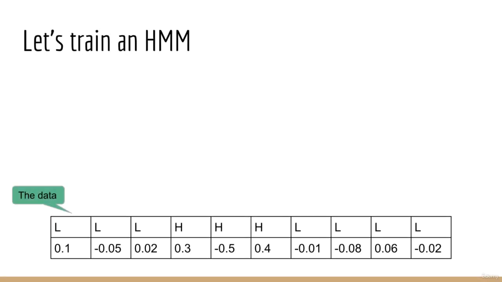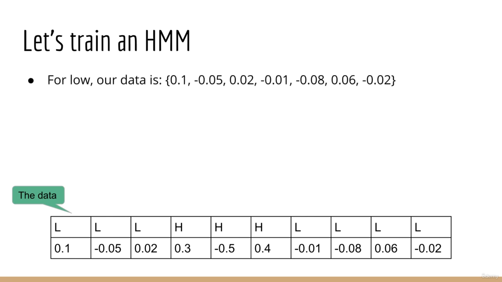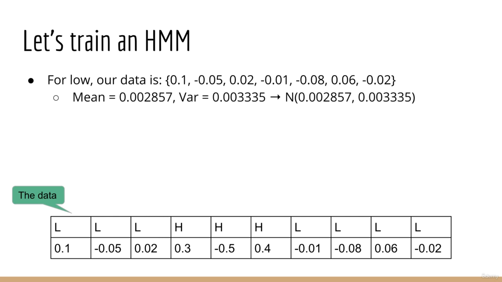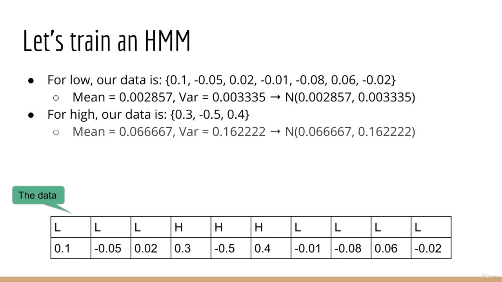Okay, so now let's calculate the mean and variance of the Gaussians for each state. For the low state, we have the returns 0.1, minus 0.05, 0.02, minus 0.01, minus 0.08, 0.06, and minus 0.02. For the high state, we have the returns 0.3, minus 0.5, and 0.4.